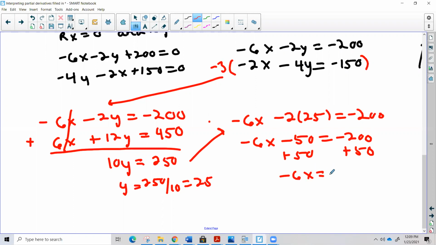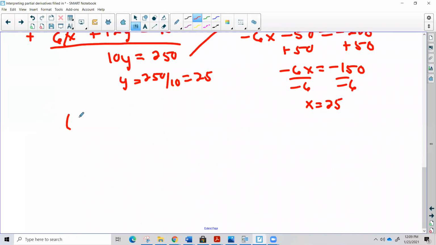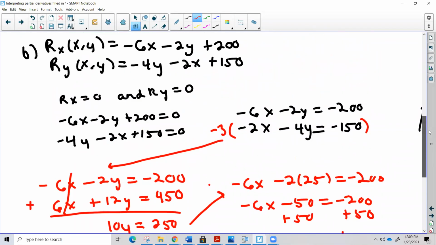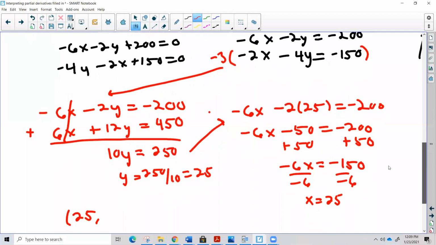Okay, I get -6x equals -150. I'm going to divide by a -6, and I get x to be 25. So my critical point is 25, 25.